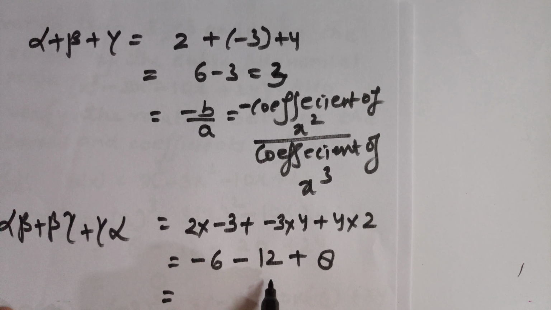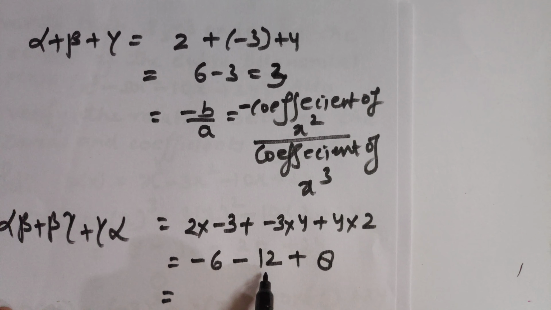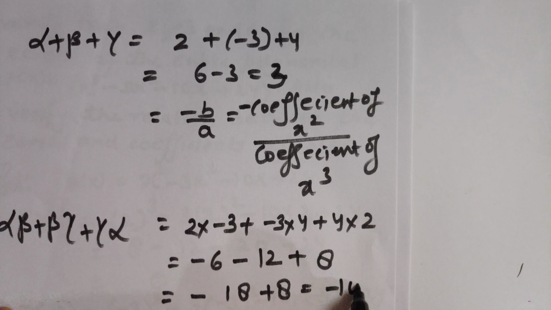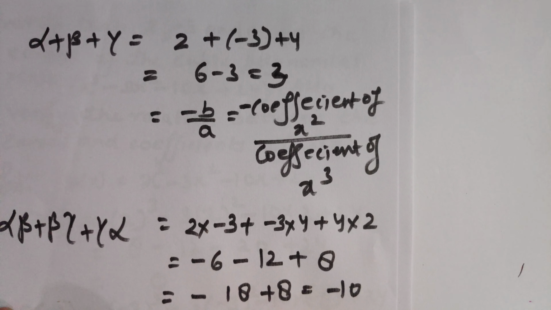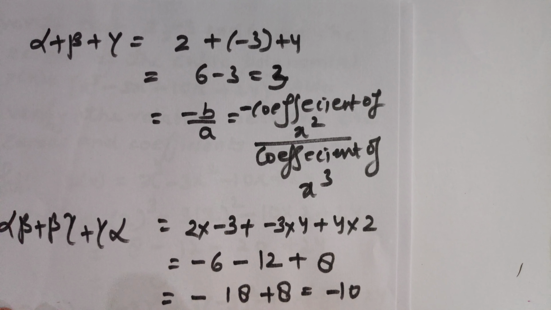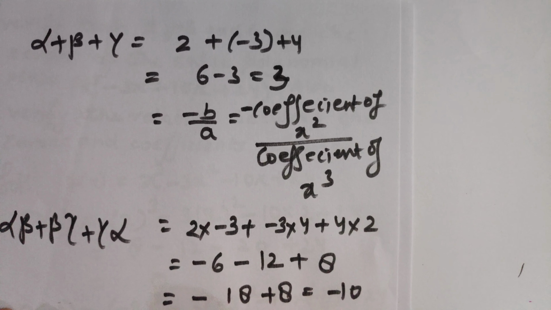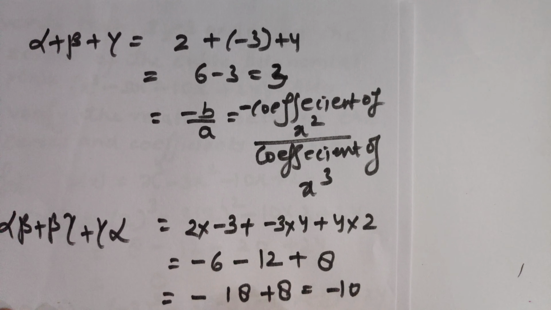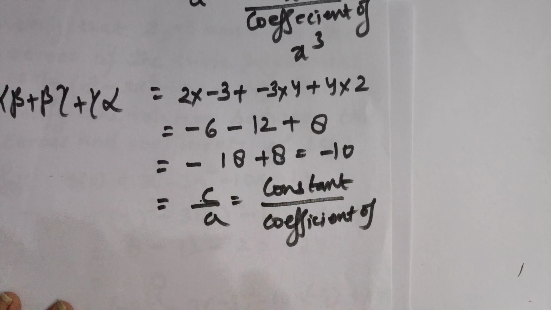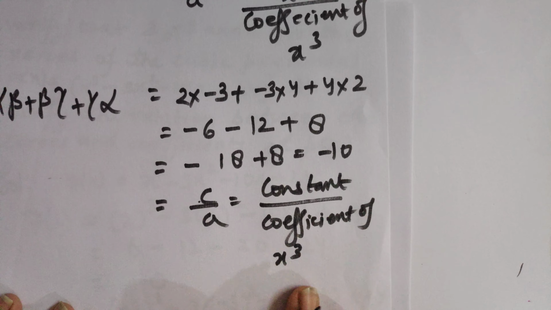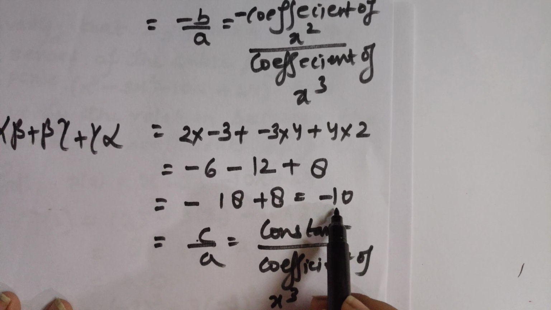So just calculate this: -12 plus -6 is -18, plus 8, that is equal to -10. So it should be equal to c upon a, and c is the constant, upon coefficient of x³. Yes, we have got -10 here.